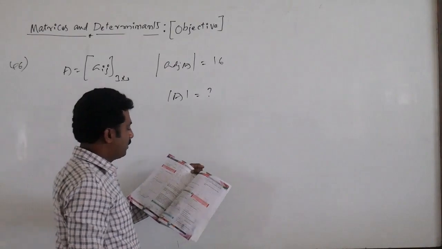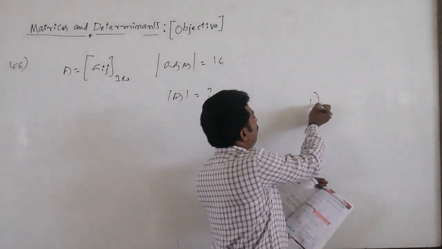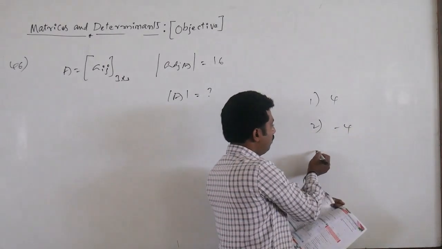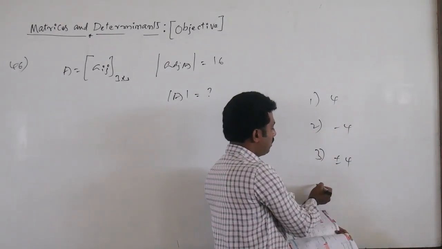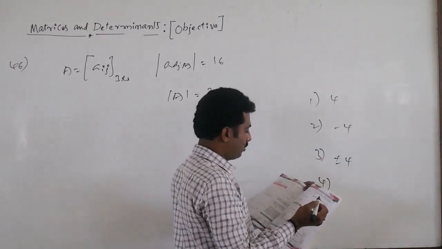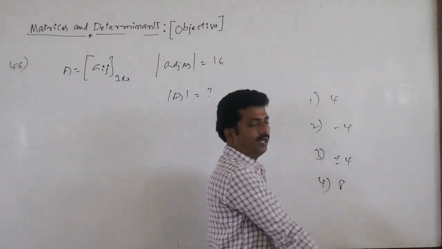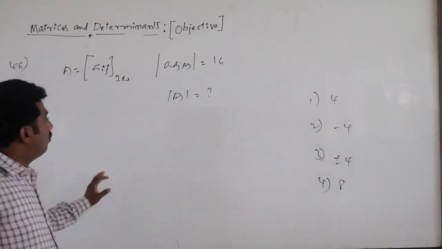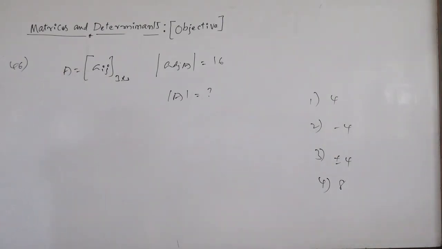The options are: first option 4, second option -4, third option plus or minus 4, fourth option 8. Among these four options, which one do we have to identify?